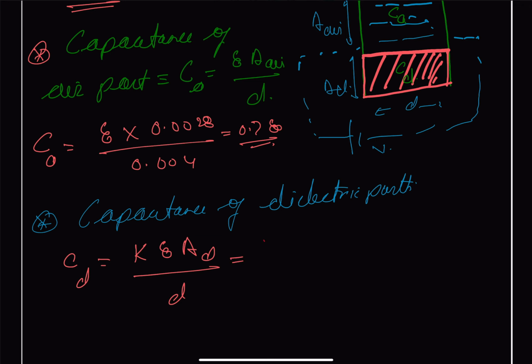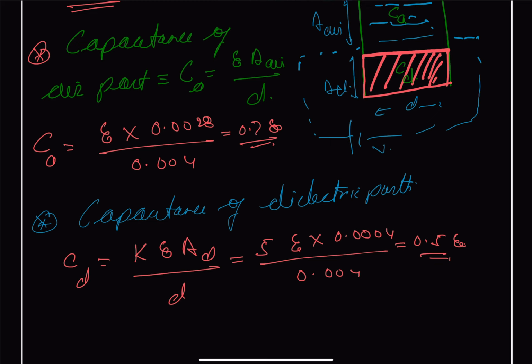This comes as epsilon naught times 0.004 divided by 0.004, which comes as 0.5 times epsilon naught.